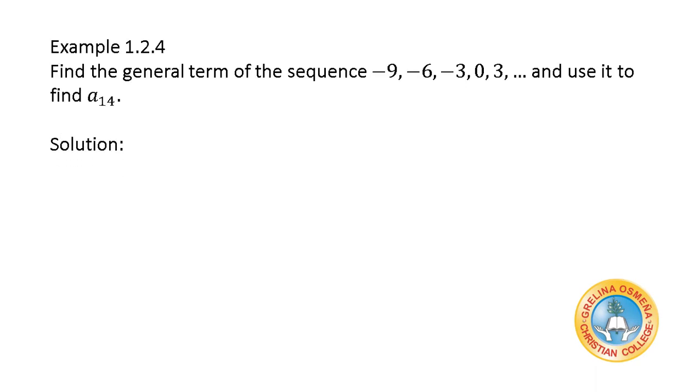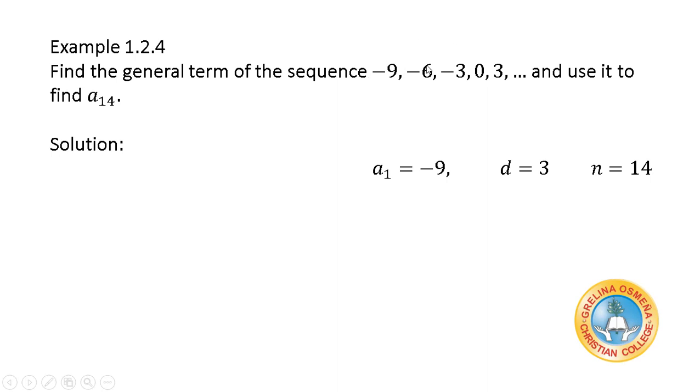Find the general term of the sequence negative 9, negative 6, negative 3, 0, 3, and use it to find a sub 14. So what is this? We have the given, a sub 1 is negative 9. The d is 3. How did we get 3 there? That is negative 6 minus negative 9, that's positive 3.